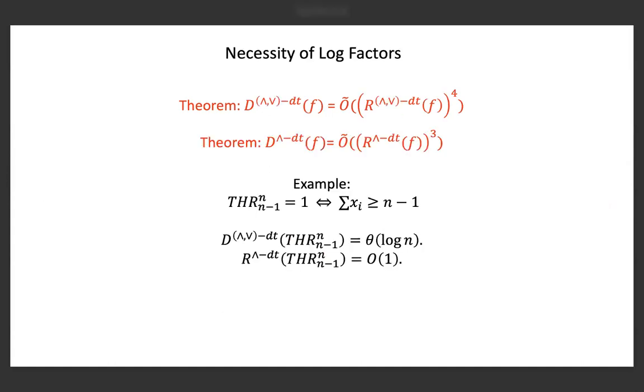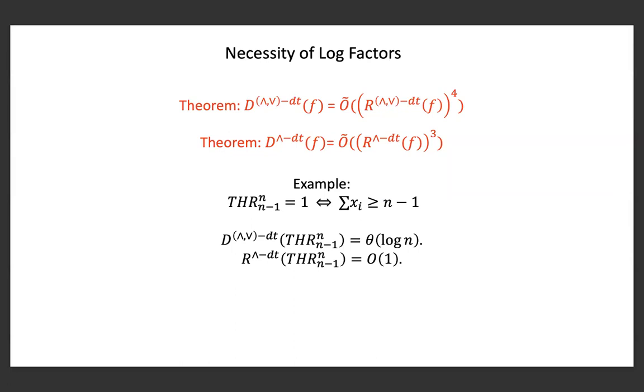Let me say something about the quality of our results. In both of our results, for AND/OR trees and for AND trees, we have polylog factors in our relationship, and one can ask whether one can avoid these polylog factors.